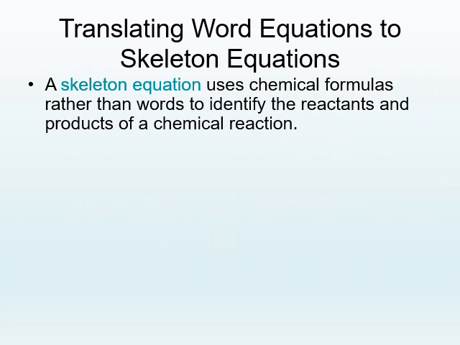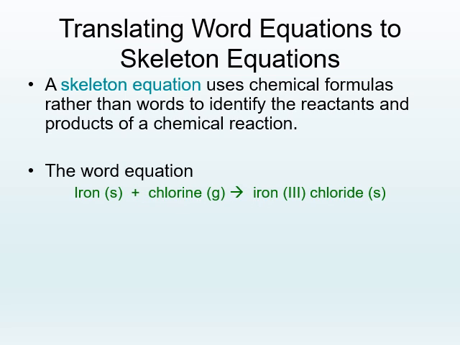Now, dear students, how can we translate a word equation to a skeleton equation, or we can say a chemical equation. A skeleton equation uses chemical formulas rather than words to identify the reactants and products of a chemical reaction. The word equation: iron plus chlorine, arrow, iron chloride.